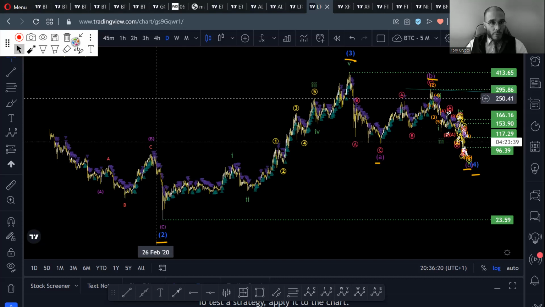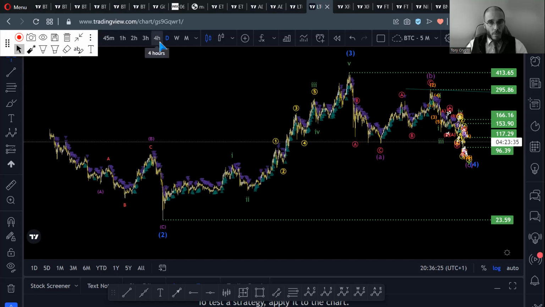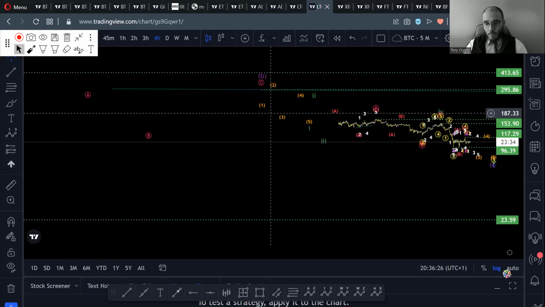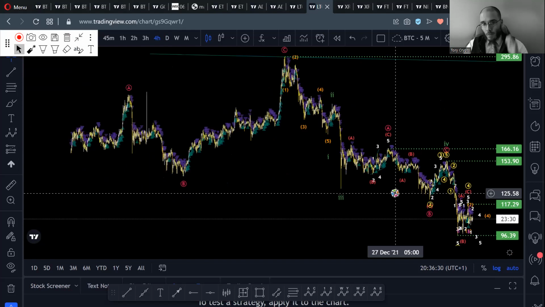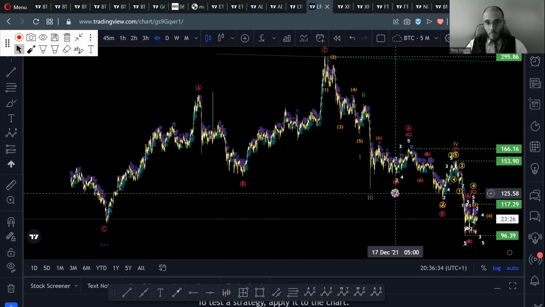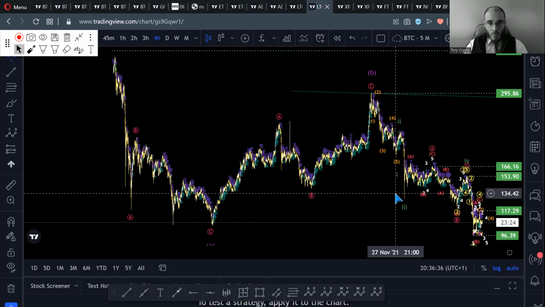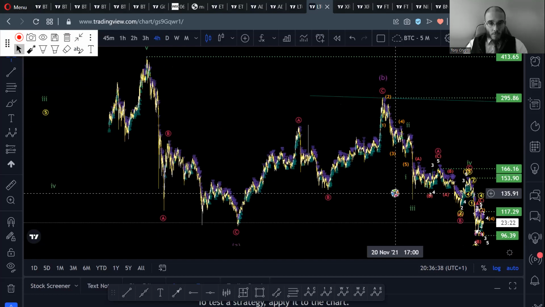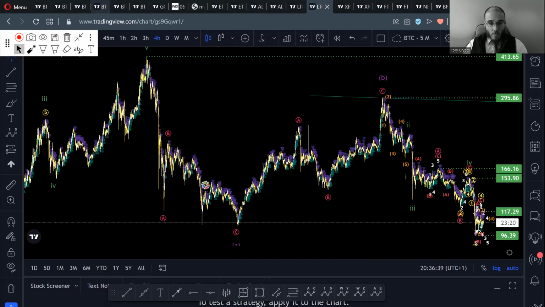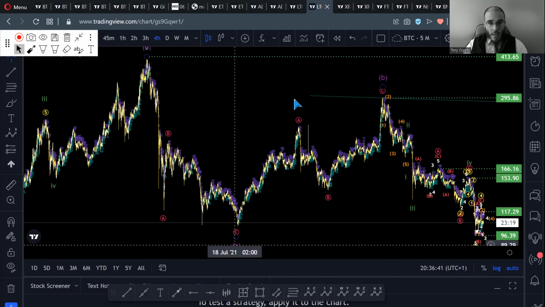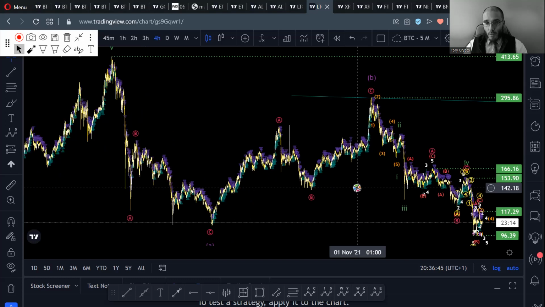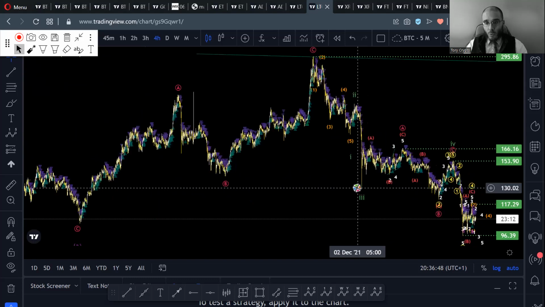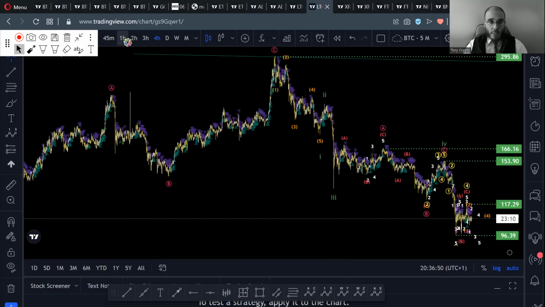So let me zoom in. So that was the top, and here you had A wave, B wave, and now we are in the process of accomplishing the C wave. So I'm going to zoom in again to show you the last move, the C wave.